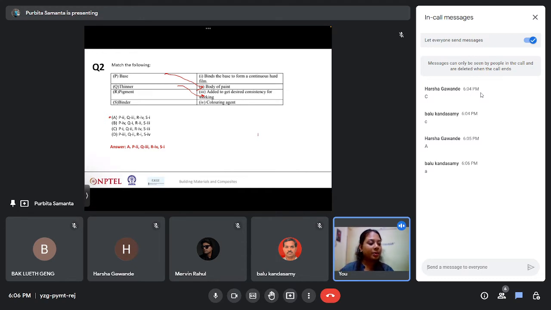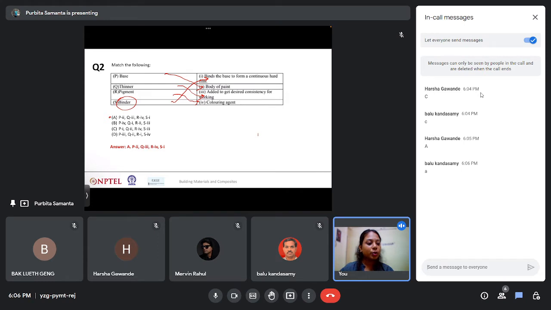Then there are pigments, which are the coloring agents, in the form of powdered minerals or organic substances, added to get the desired color that we want. And of course, there is the binder, another important component, which binds the base or the principal to form a continuous hard film. These are self-explanatory, but yes, we have learned about them.